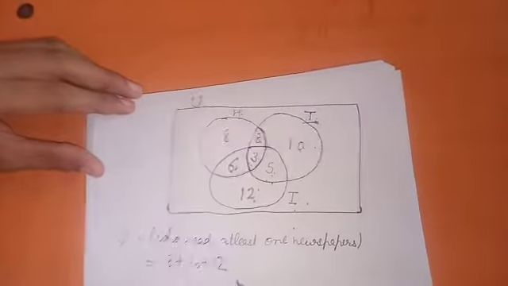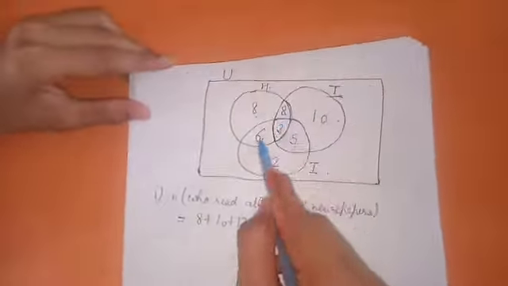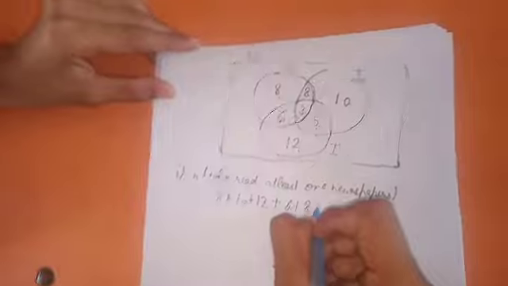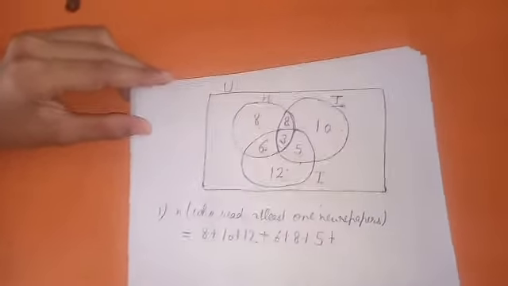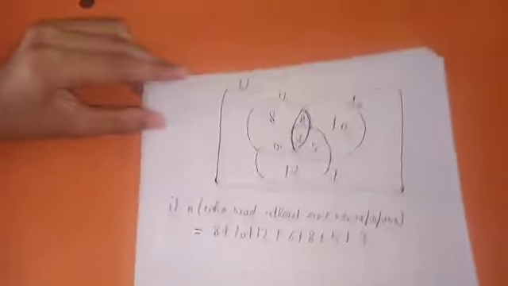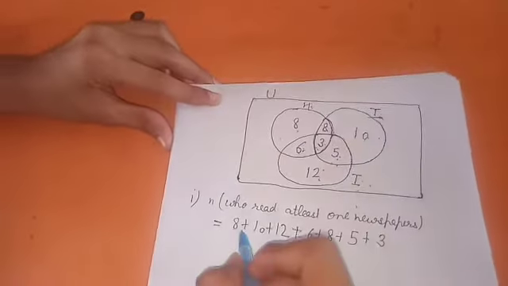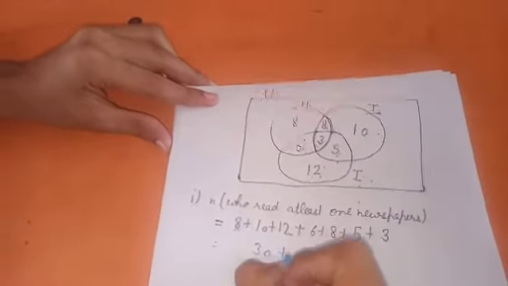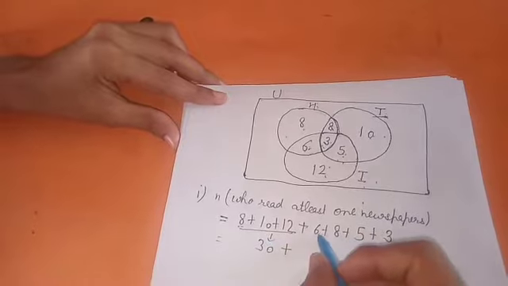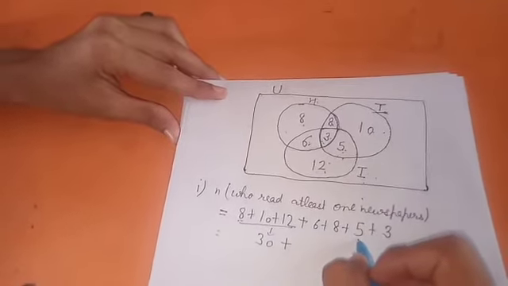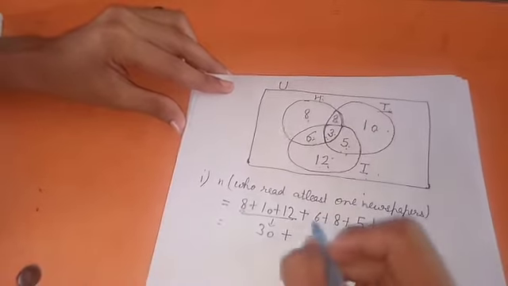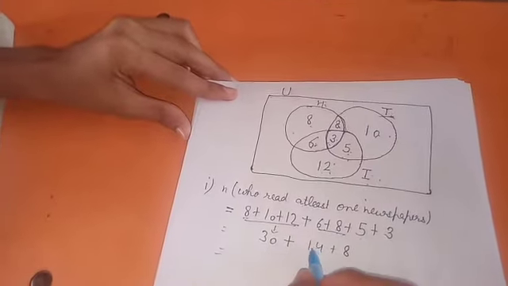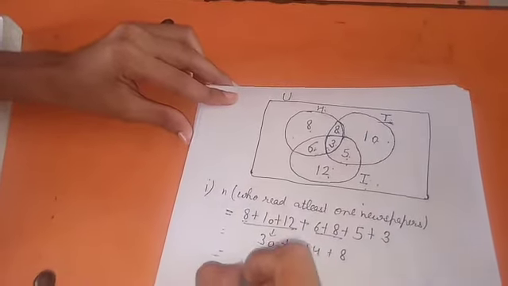Now who are reading 2? That is 6, 8 and 5. 6 plus 8 plus 5. Now who are reading all the 3? That is 3. Now we can add them and we get our answer. The sum of the first three is 30, the sum of the next three is 19, and there is 3. So we get 52.